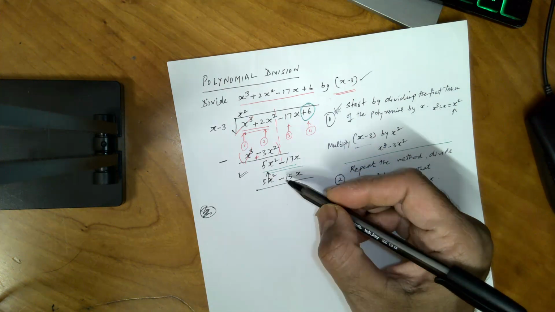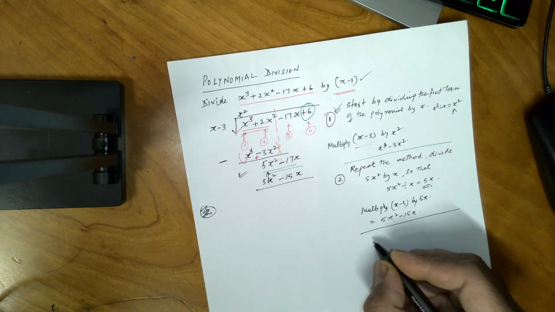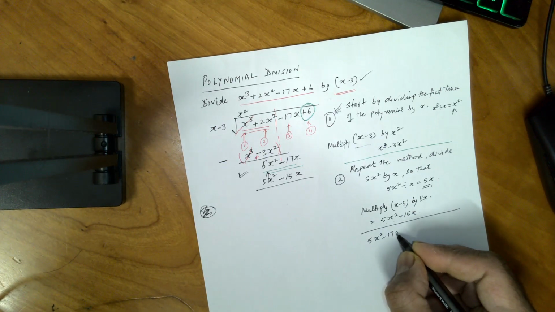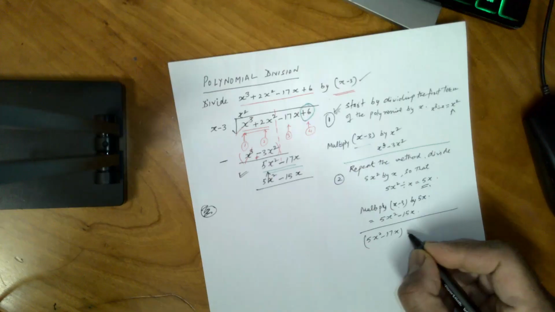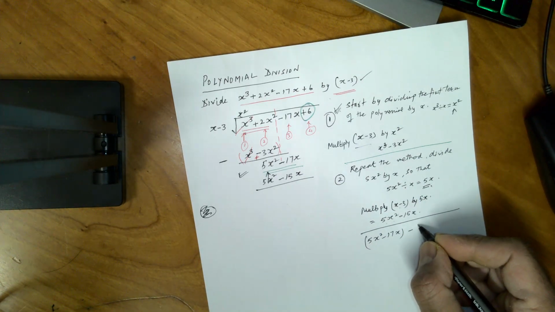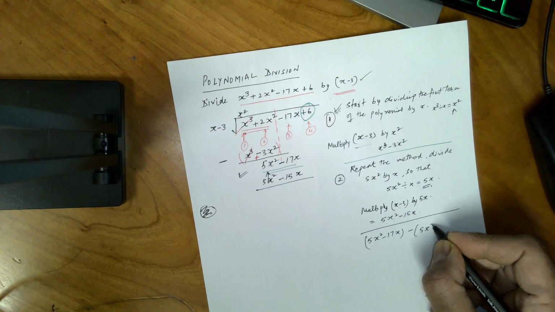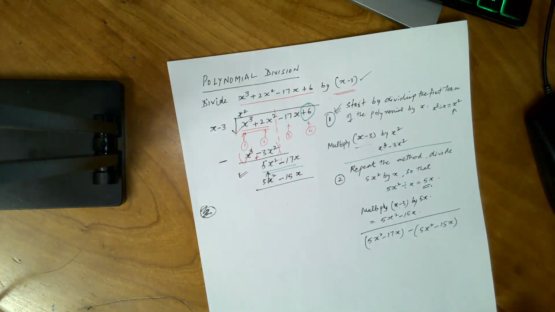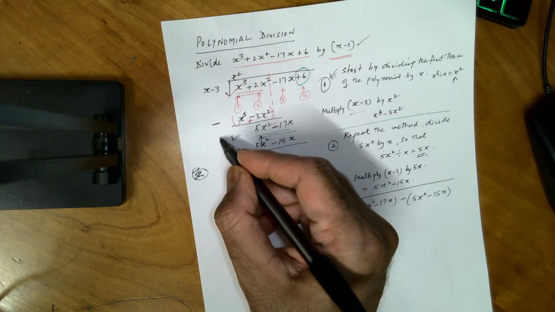Then I write down here, so that probably is easier for you to understand, 5x squared minus 17x. That's what you actually have here. Then you minus 5x squared minus 15x. So you see here, this is exactly what I'm going to do here.